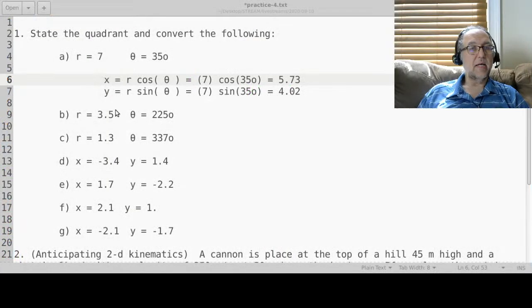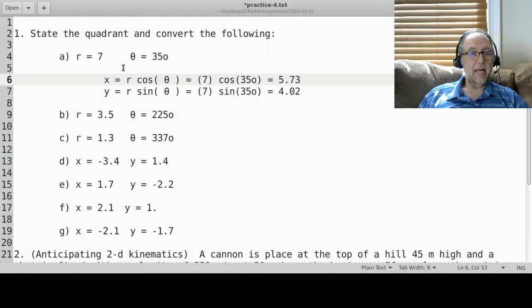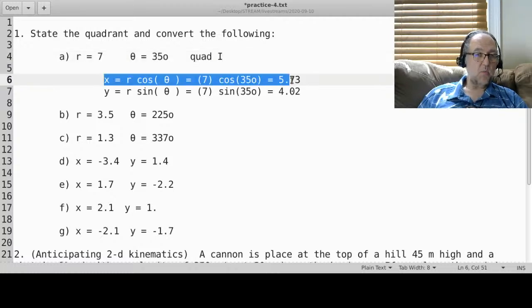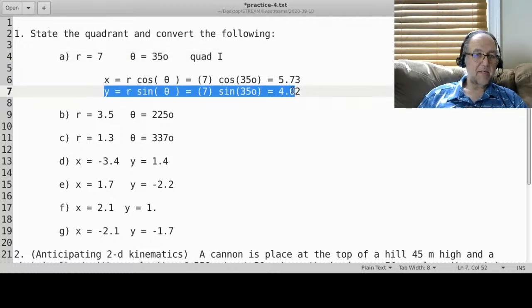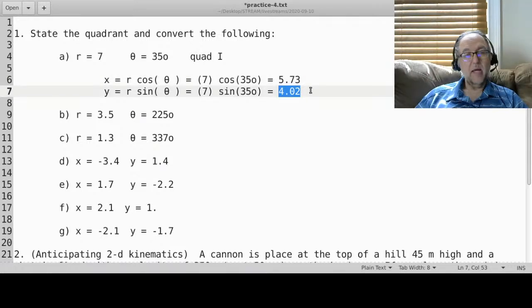So let's go back to our questions here, and I asked to state the quadrant for that one. That's between 0 and 90, so this is in quadrant 1. In quadrant 1, you expect both x and y to be positive, and in fact x is positive and y is positive, and so this is a good check to make sure that the answer worked out.